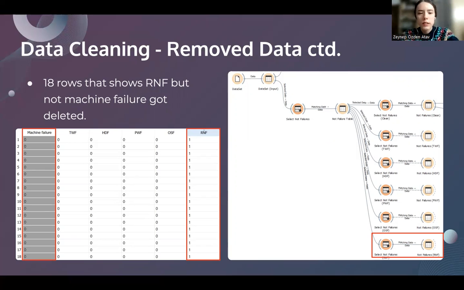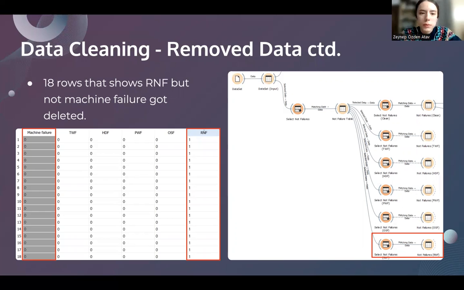So these 18 are still included, since the machine failure is 0 in here, they're included in the majority class technically. So I think that's not a problem. One of the failure types, am I right? Yeah. Also, hocam, we thought that random failure, we cannot predict random failure because it's random essentially.